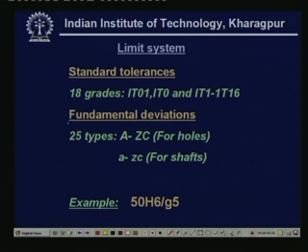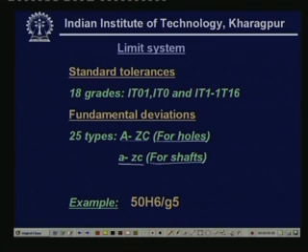So 16 plus 2, 18 grades of standard tolerances are there. And as I told you, the fundamental deviations are 25 types, which are A to ZC for the holes, as I mentioned earlier, and small a to small zc for shafts.